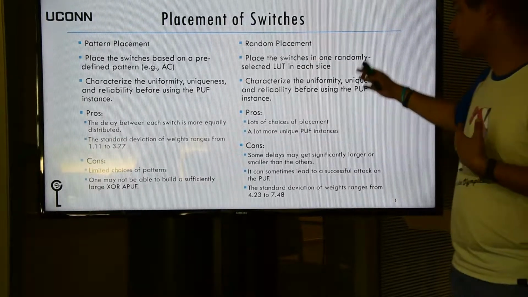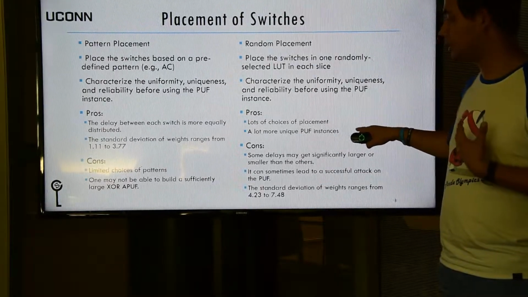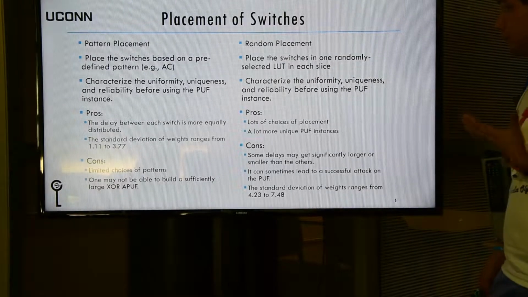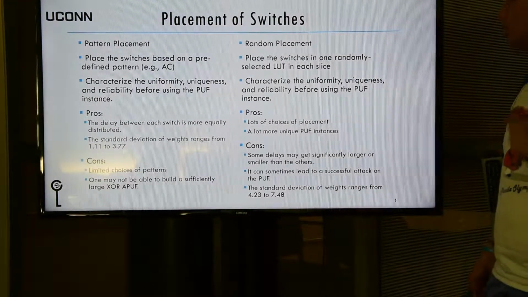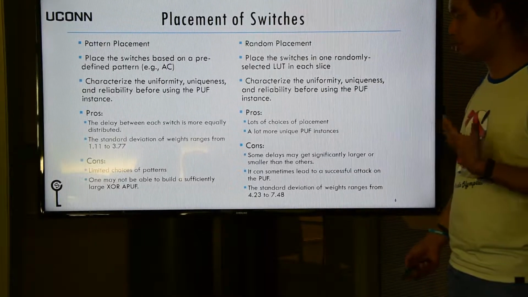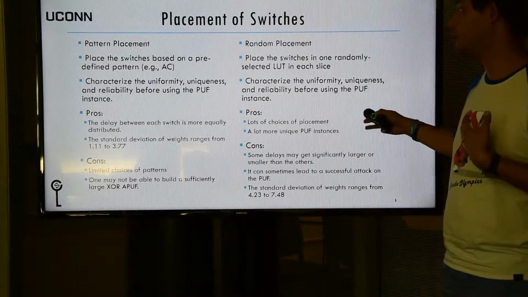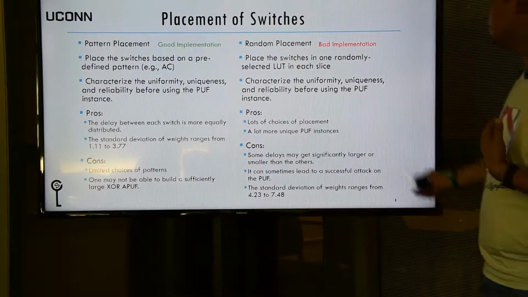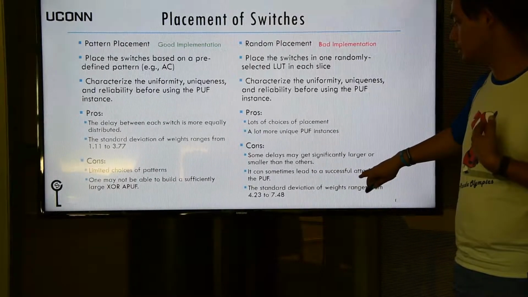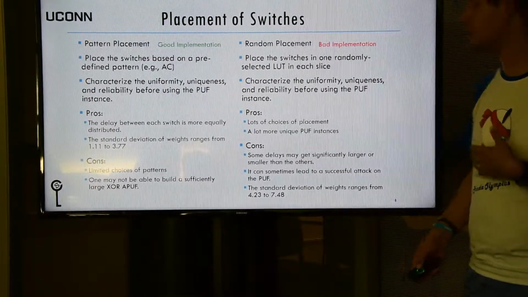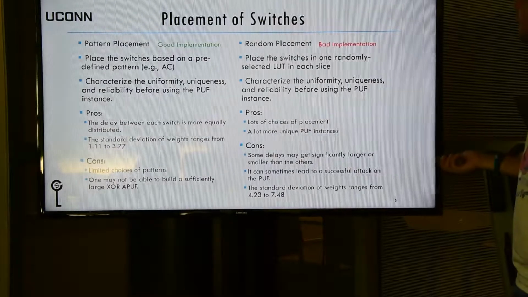But this can also help us in some cases, because it provides lots of choices of placement and can generate a lot more unique arbiter path instances. So sometimes we may need this kind of placement. But because of these cons, we call pattern placement the good implementation and random placement the bad implementation.